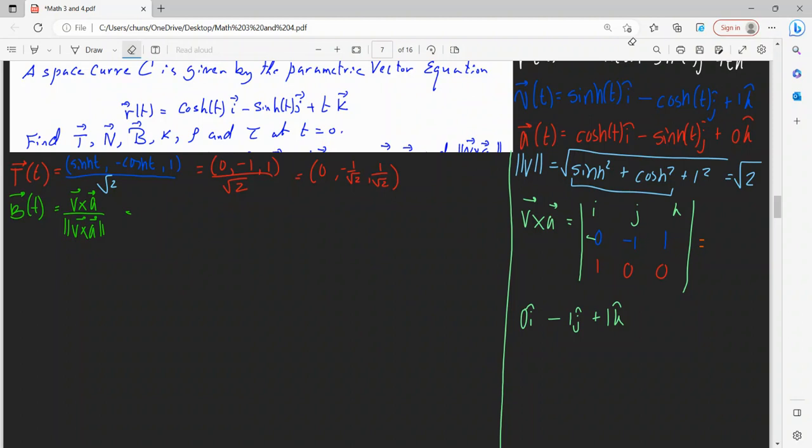When we take the magnitude of that cross product, that's equal to 1 squared plus negative 1 squared, which is square root 2.